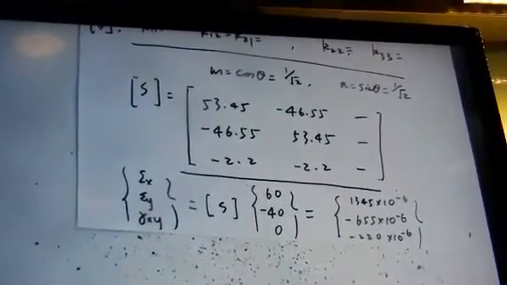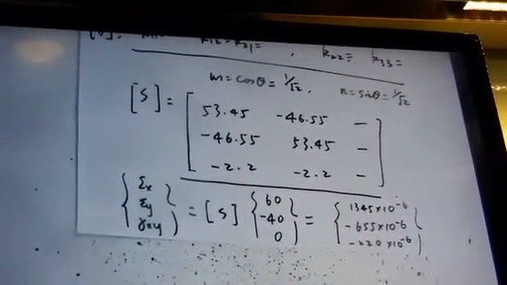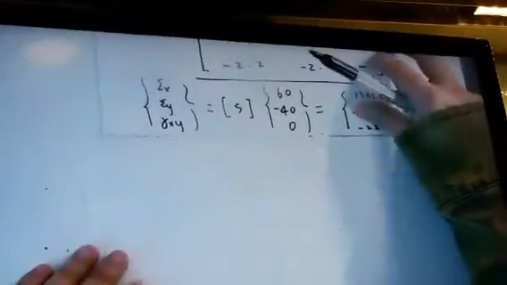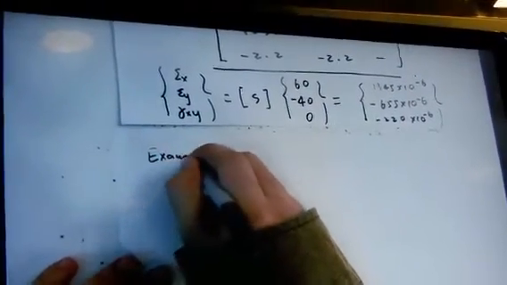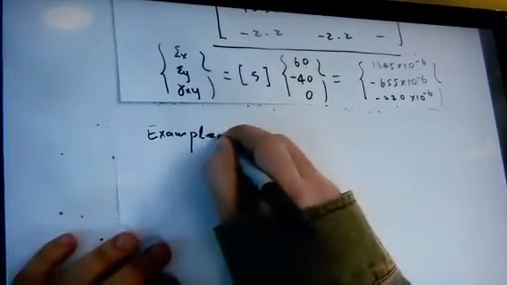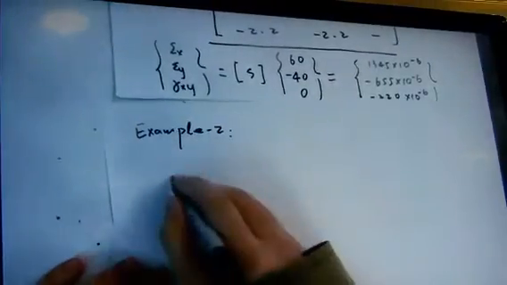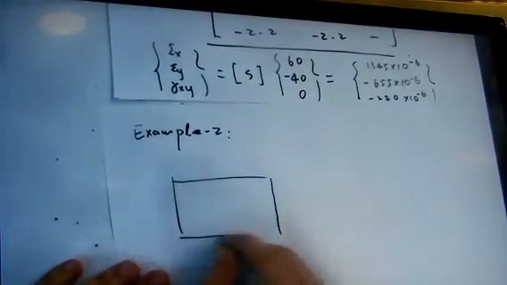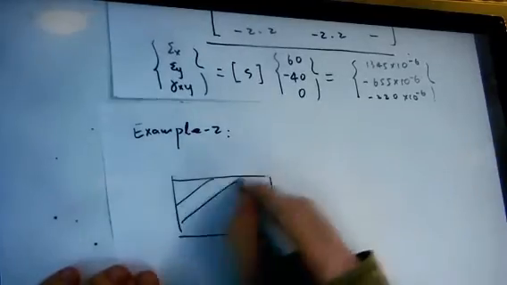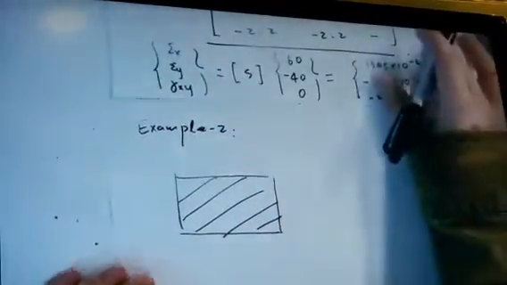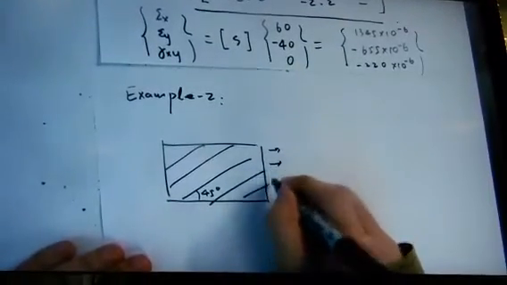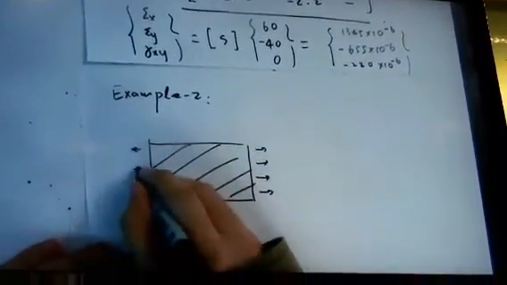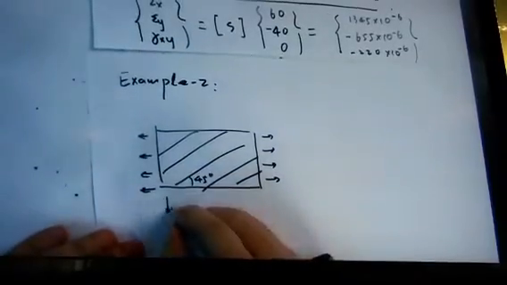So this is the first example. And the second example is even easier. The second example is pretty similar to what I'm going to do in homework 4. Again, 45 degrees.